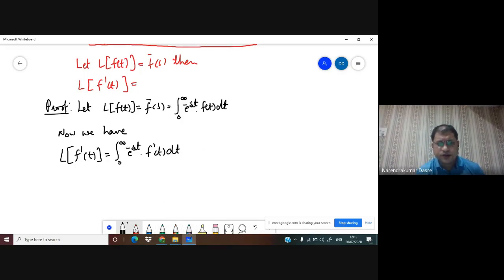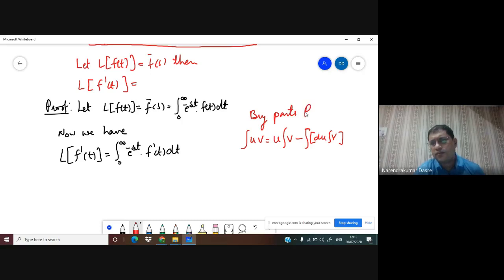So we know the rule for u into v. What is the rule? u remains as it is, integration of v, minus the integration of the derivative of u times the integration of v. This is the integration by parts rule.